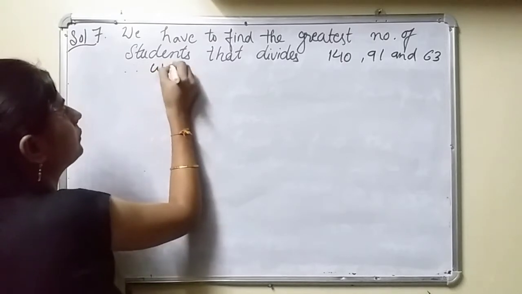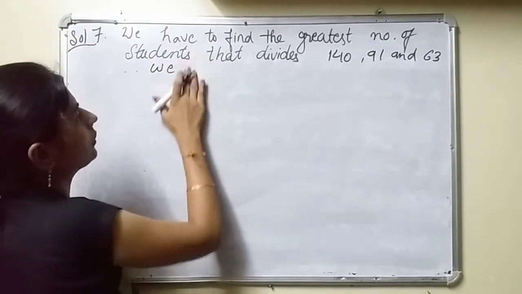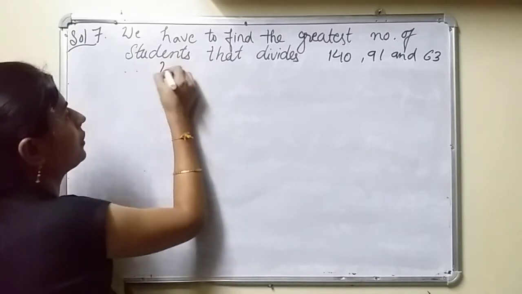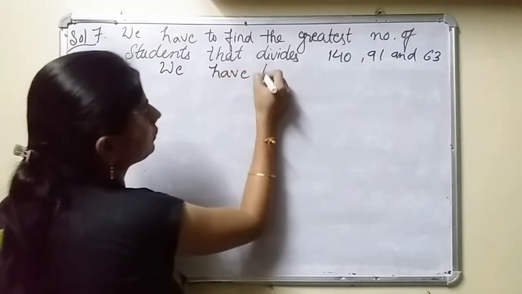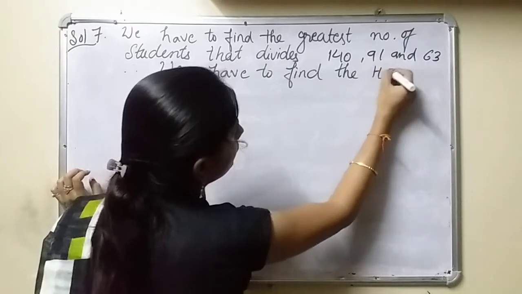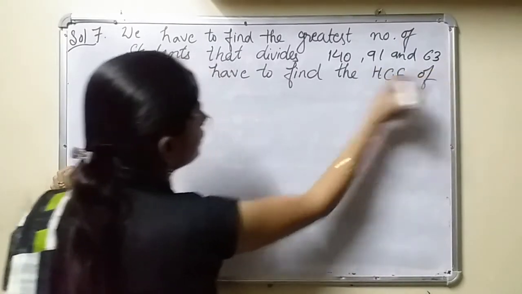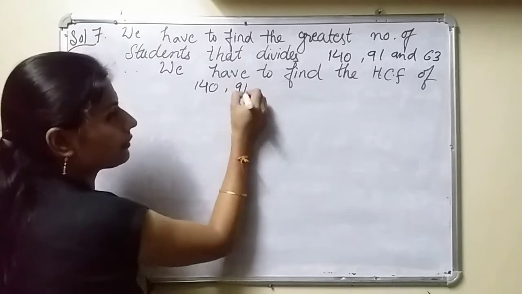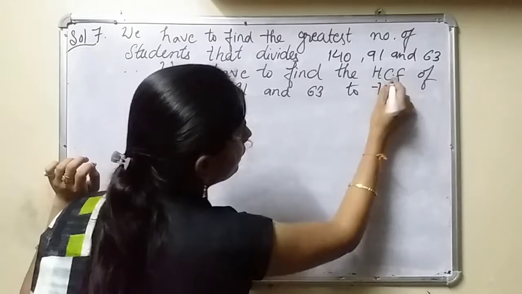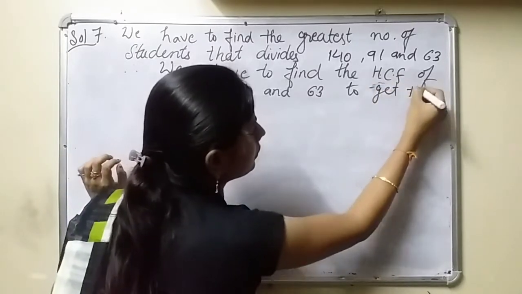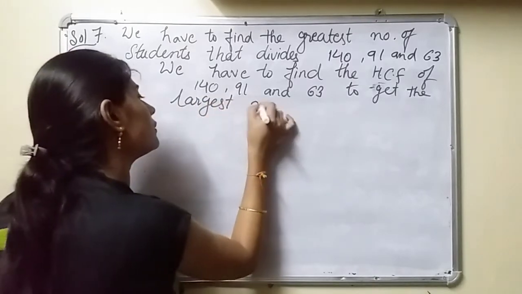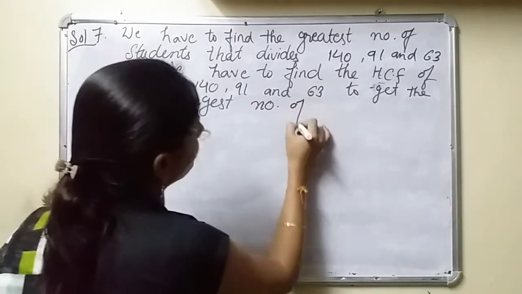Therefore, we have to find the HCF of 140, 91 and 63 to get the largest number of students.